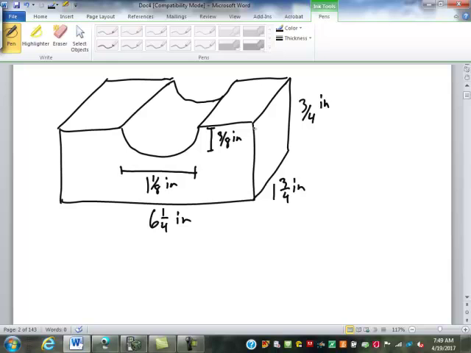Tell me where to start. Let's just find the volume here. We won't worry about finding the density.